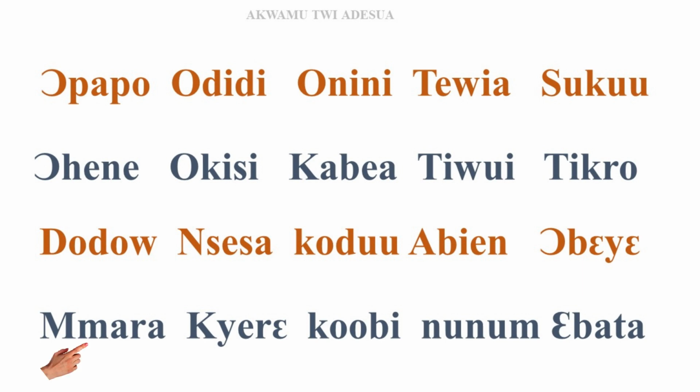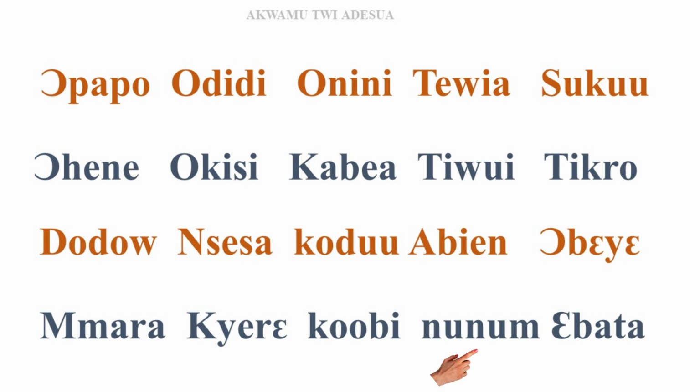Here too we have mmara, which is the a, m, a, r, a, mmara. Then we have kyire, which is the k-y, e, r, e, kyire. Kobi, we have k, o, o, b, e, kobi.